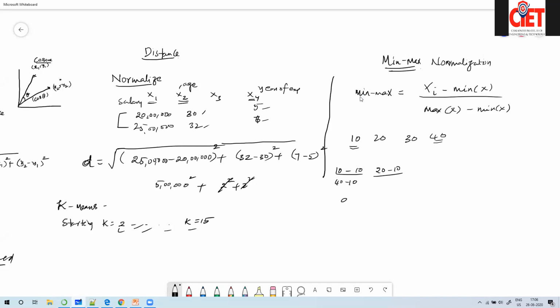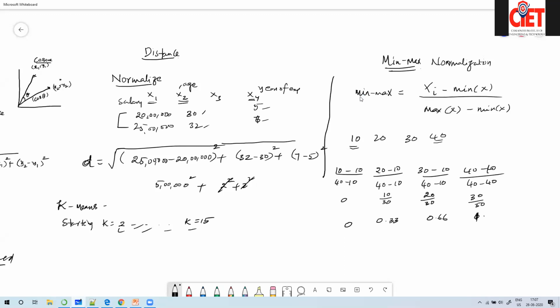For 20 it is 20 minus 10 divided by 40 minus 10, so that's 10 divided by 30, which is 0.33. For 30 it is 20 divided by 30, which is 0.66. For 40 it is 40 minus 10 divided by 40 minus 10, so that's 30 divided by 30, which is 1.